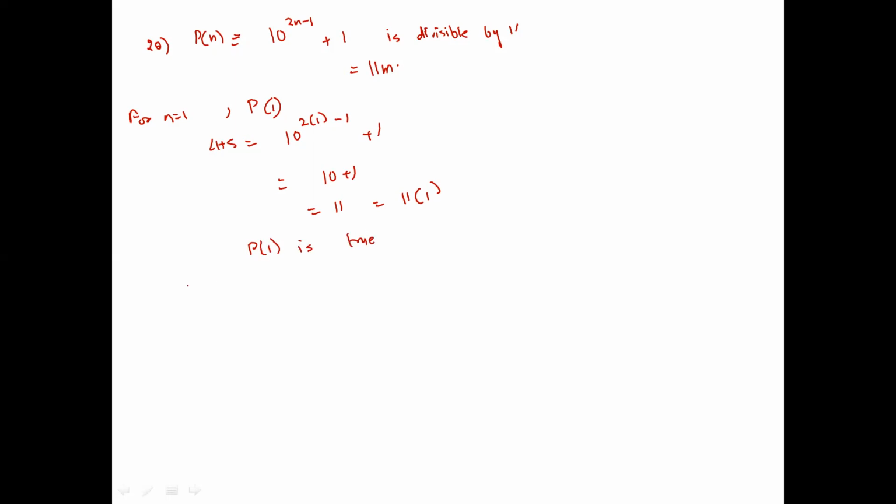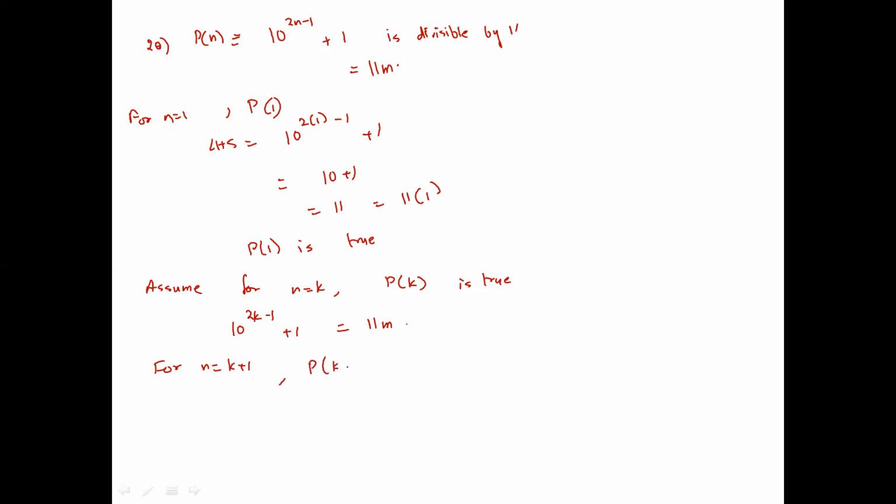Next, we will assume for n equal to k, P of k is true. That means blindly you can put in the LHS 10 power 2k minus 1, plus 1, n as k. And then on the RHS I can write it is a multiple of 11 directly. So that for n equal to k plus 1 you can use it.